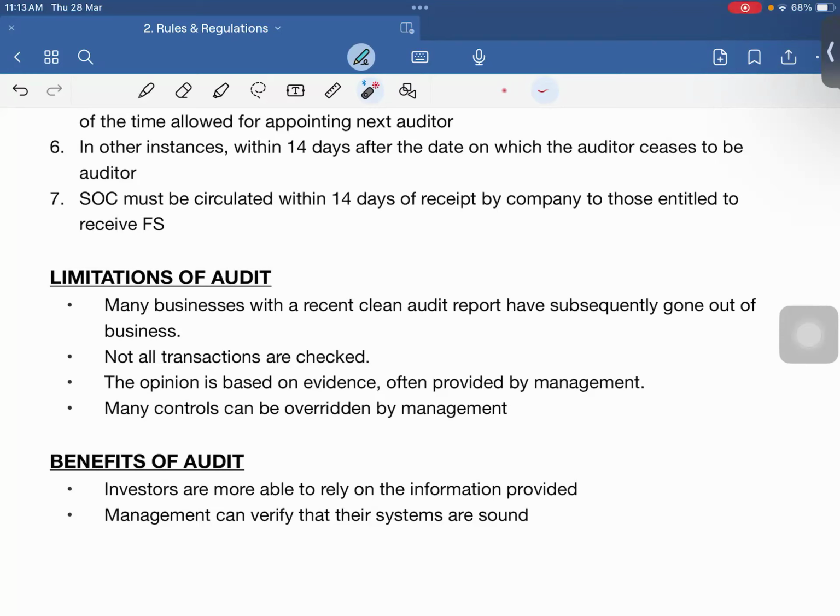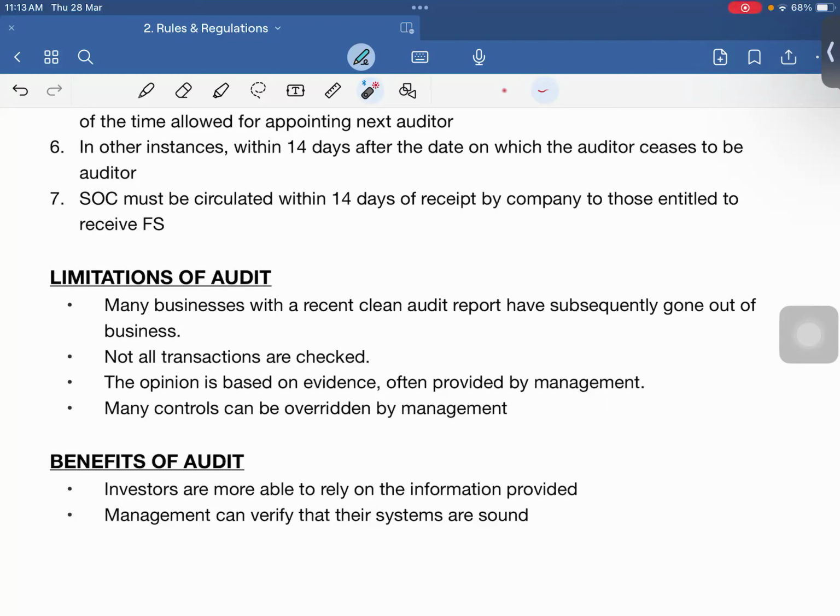Now, the second limitation, or I should say the first limitation, is that not all transactions are taken, right? We don't take each and every transaction, we take samples. Clear? Now, the third limitation is that when we do an audit, whatever evidence we have is presented by the management, and most of the evidence is provided by the management, and this can't always be 100% true. We can't guarantee that.